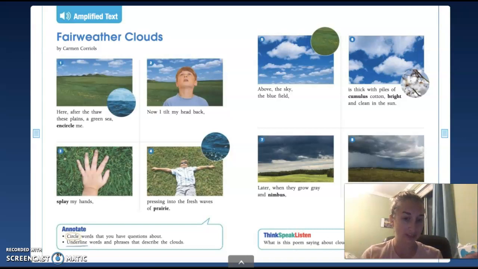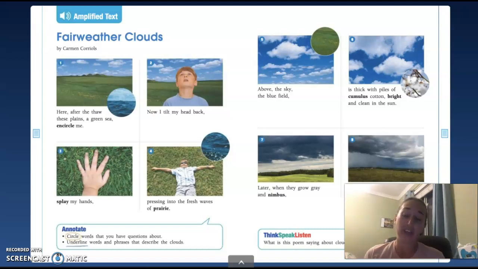Which one do you think? That's right. Weather is always changing. Clouds are always changing. It could be sunny one morning and then rain in the afternoon. Or you can wake up with rain and then it can be sunny in the afternoon. We just never know what the weather is going to be like. It's very unpredictable. And sometimes, like in life, things are unpredictable.